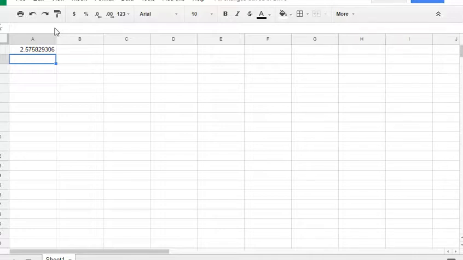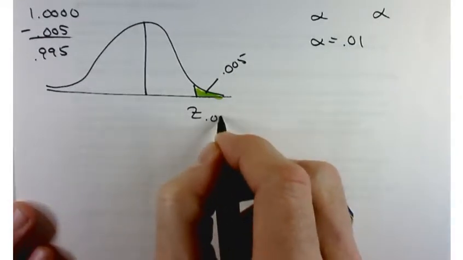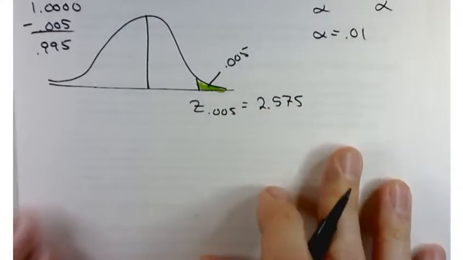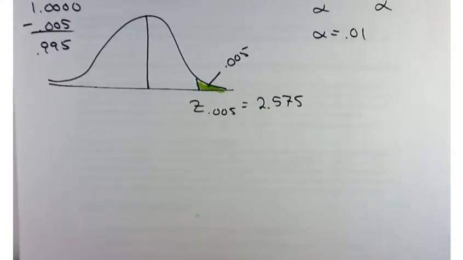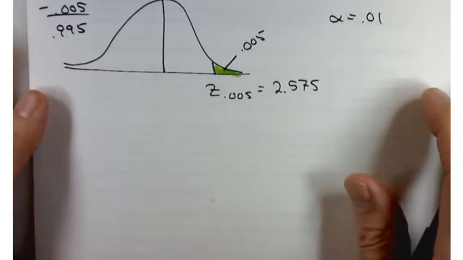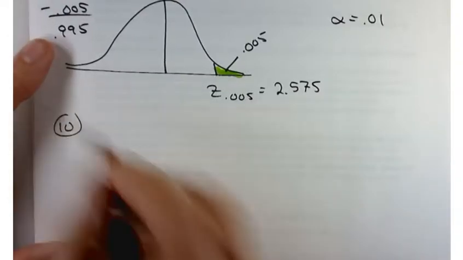That one's such an important one that they split it. So back over here, z sub 0.005 equals 2.575. On your table, that's a special one, so it's kind of broken off. All right, nice. So a couple little practice problems with this notation, and let's move on to some other stuff.